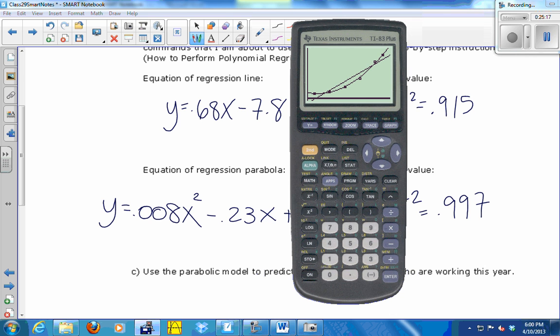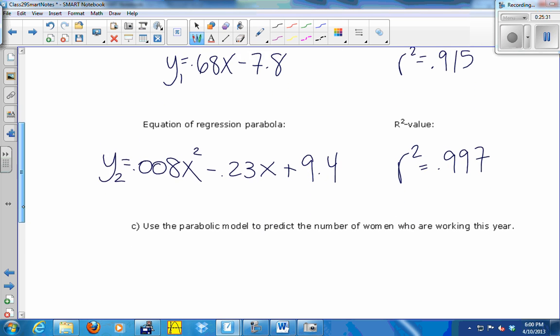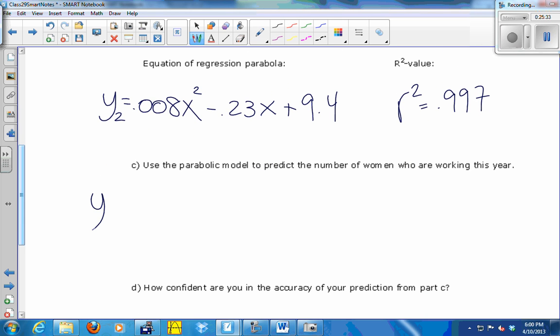It's a near perfect fit. So if I want to make a prediction, we'll call this one Y1 and this one Y2, because that's where I pasted them. I want to make a prediction for the number of women who are working this year. What should I plug in for X?